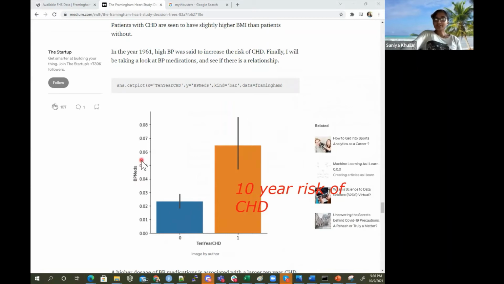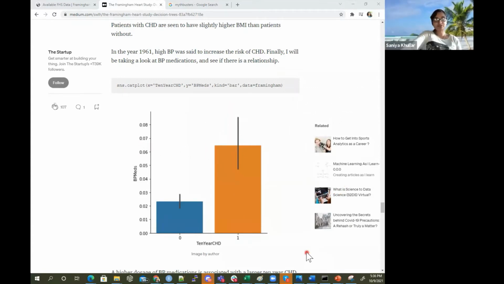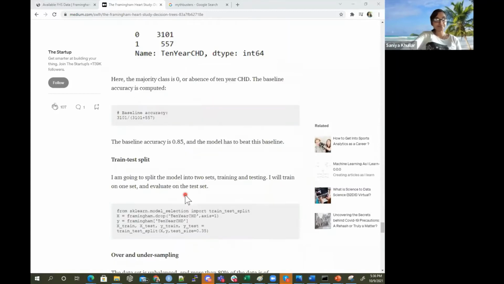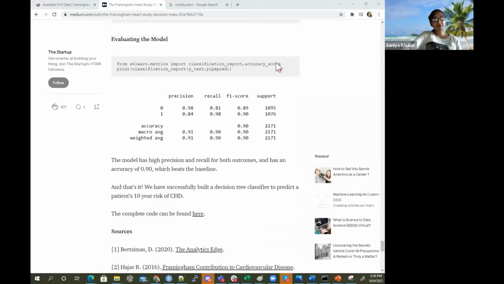So do you see blood pressure medications? Do you see that this is so much lower than this? Yeah, I see it. So having more blood pressure medications really increases your risk of heart disease. People are fitting different models here to try to figure out what our risk of coronary heart disease is.